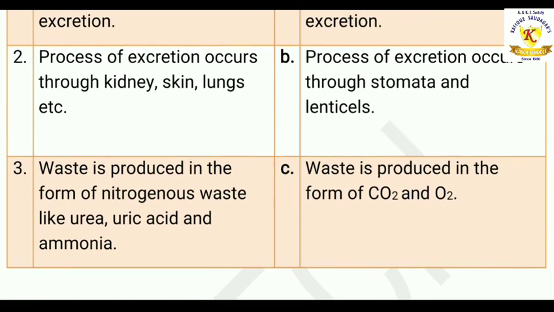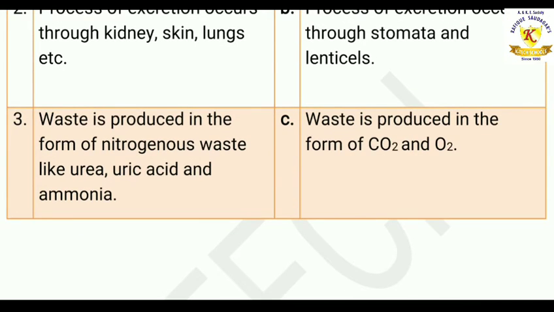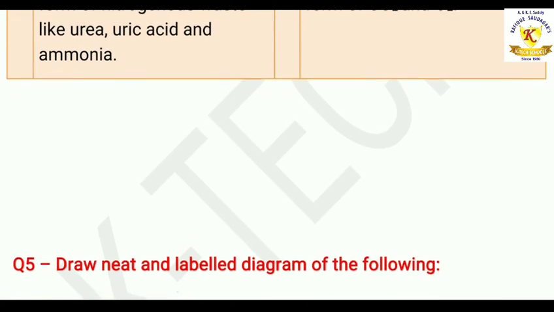Second, process of excretion occurs through kidney, skin, lungs, etc. In plants, process of excretion occurs through stomata and lenticels. Third point. Waste is produced in the form of nitrogenous waste like urea, uric acid and ammonia. Whereas in plant, waste is produced in the form of CO2 and O2.